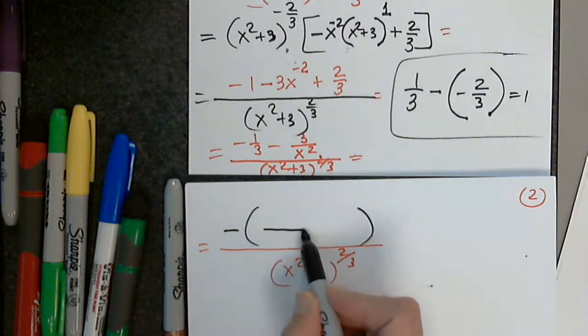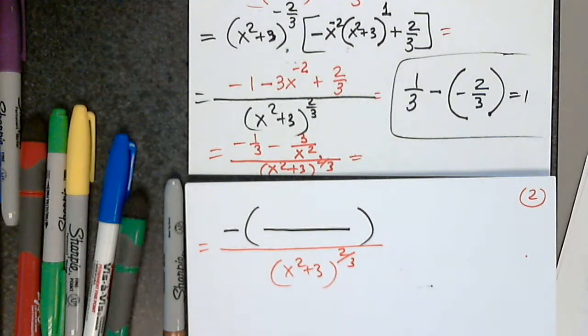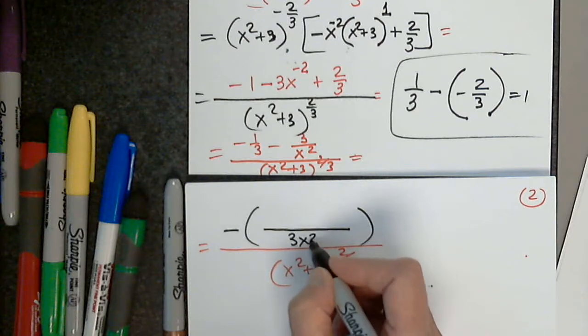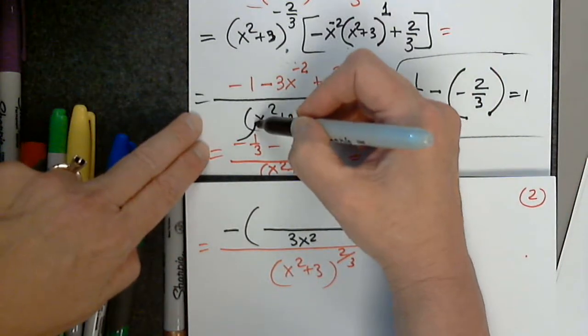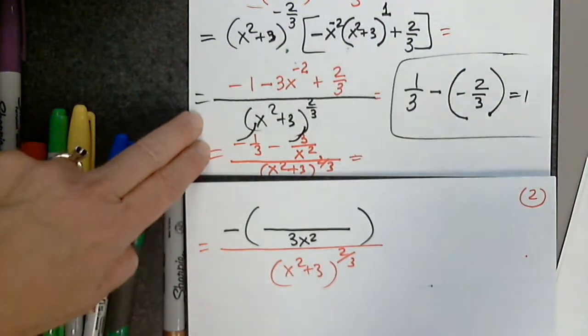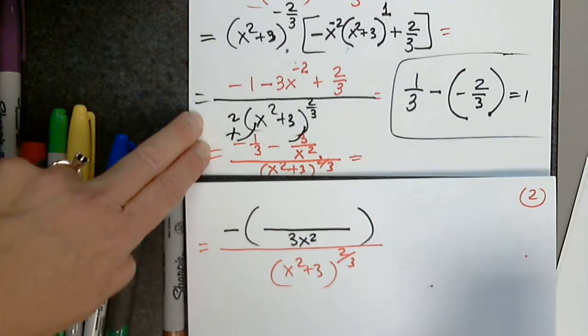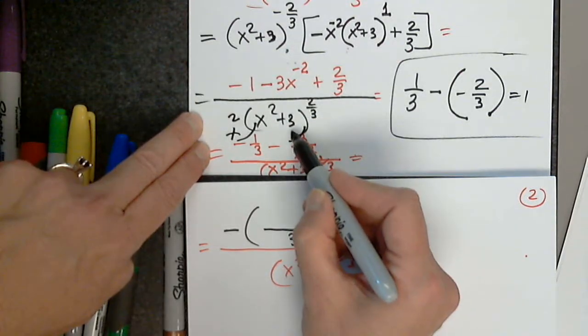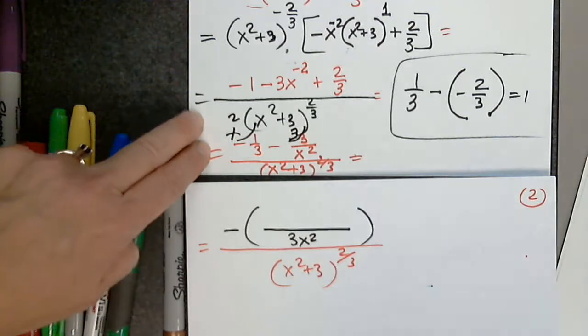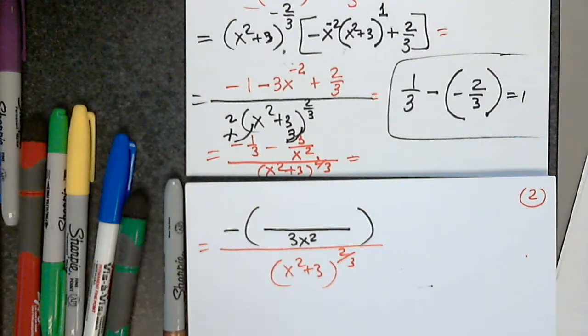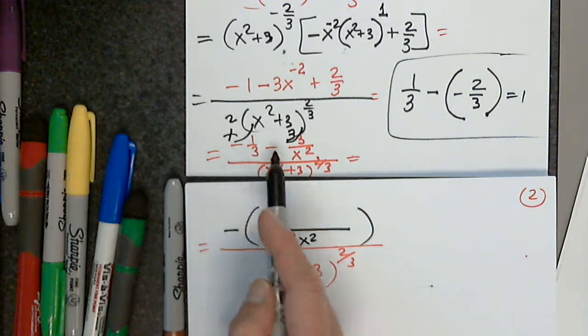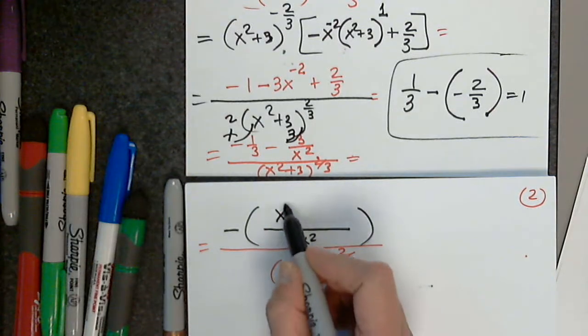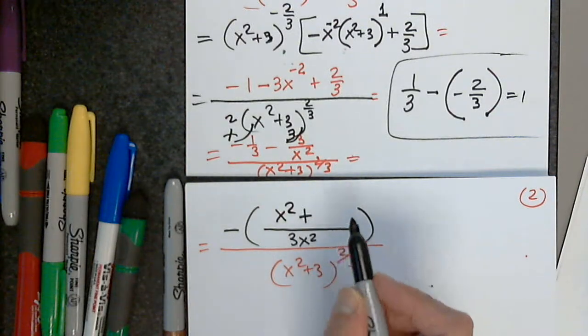So please give me the least common denominator. Very good. Indeed, 3x squared. So what is the adjustment for the top? X squared here plus, and 3 here. Good. The minus is outside. Everything is positive because they're both negative. So this is x squared plus 9.